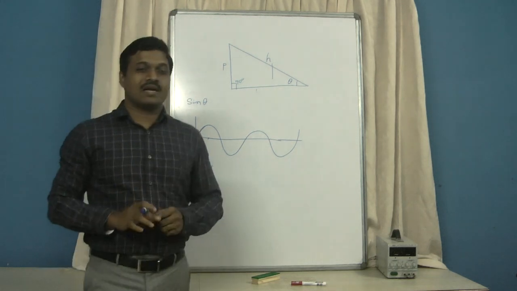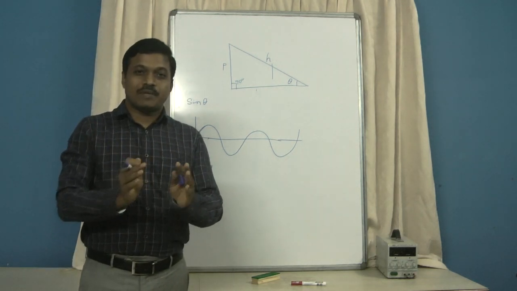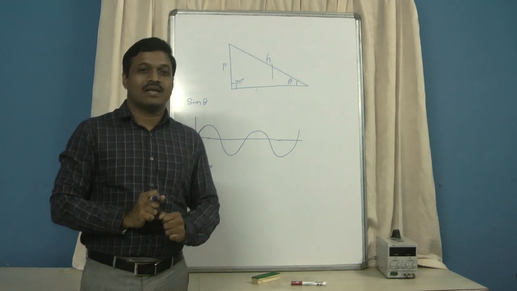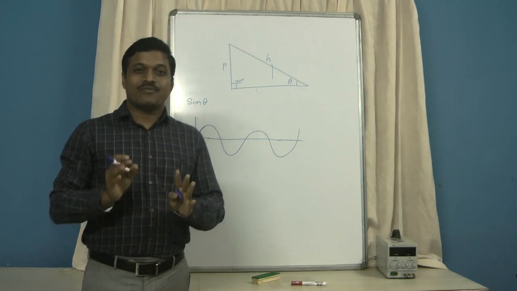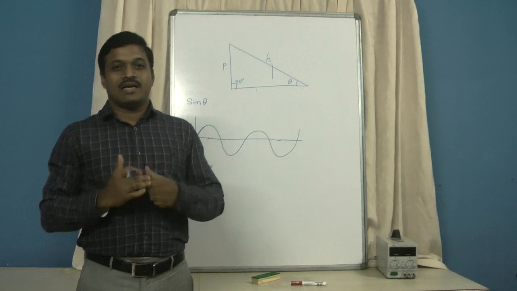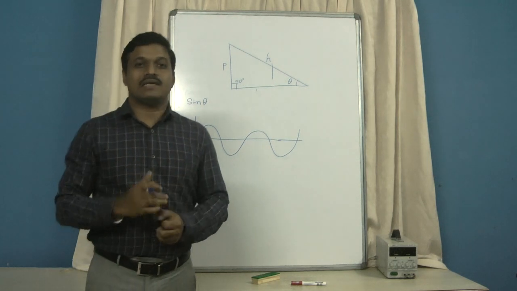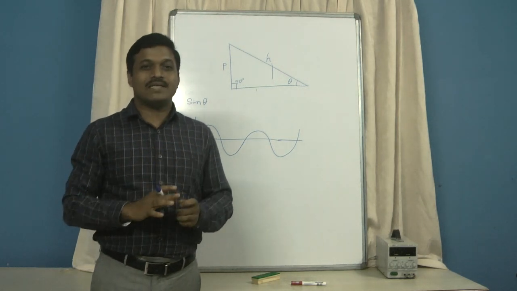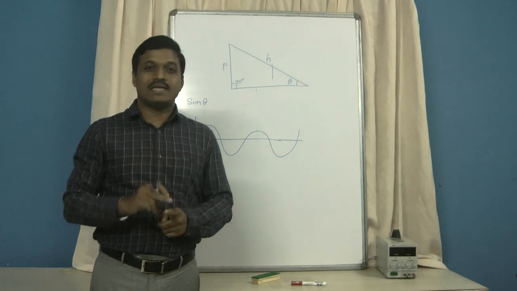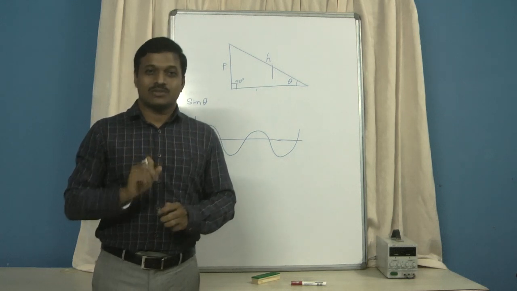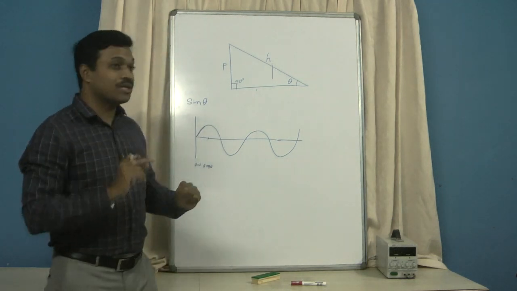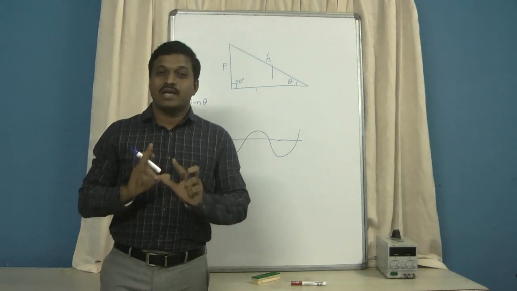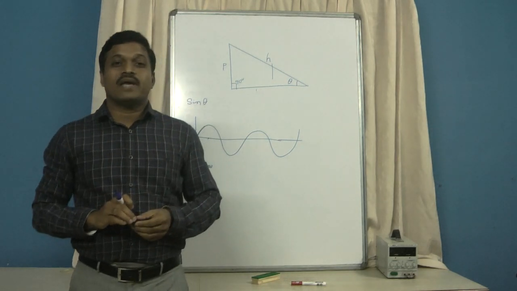So the inverter should produce this, because it is using the battery. Battery is DC. So from the battery it will get the electricity converted into AC. There are two kinds of AC. One is called square wave AC and one is called sine wave AC. That is where the sine is being used, because all the appliances in our house are using sine wave AC.